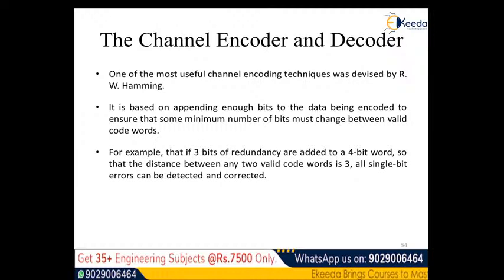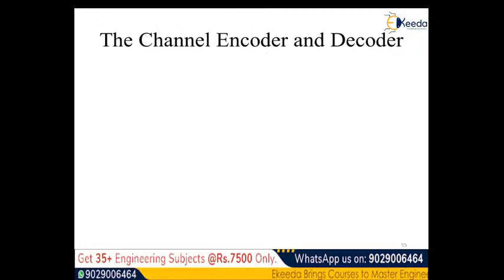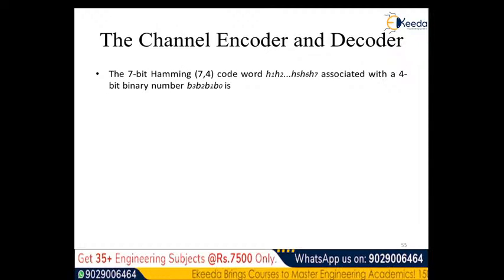Here we have the representation, for example, for the 7-bit Hamming code, denoted (7,4). We have H1, H2, H3, H4, H5, H6, H7 in total. These are associated with a 4-bit binary number B3, B2, B1, B0.